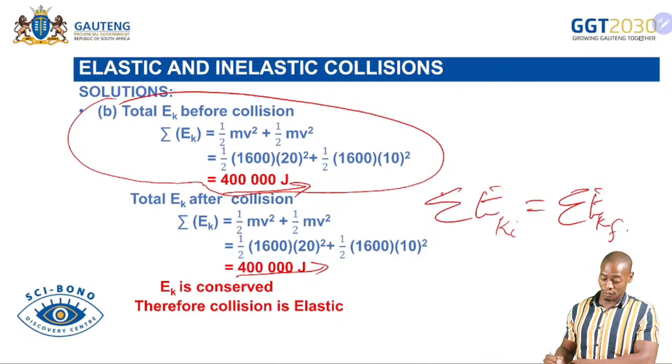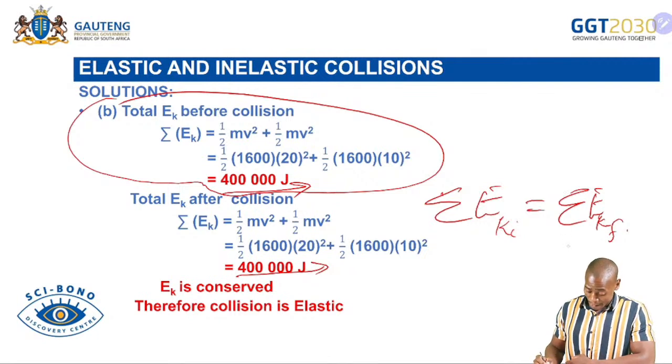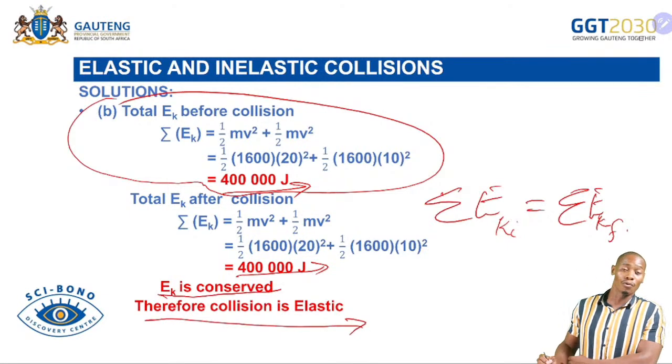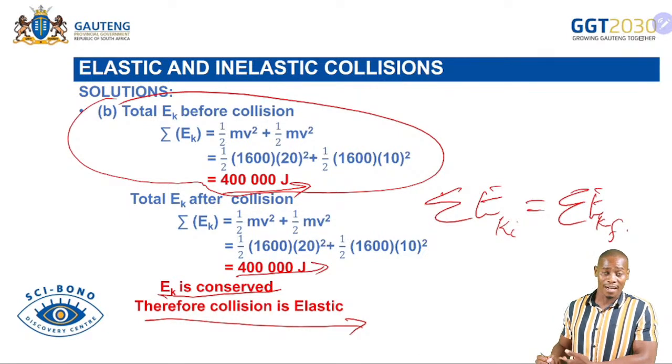So can you see that the sum of EK before collision is equal to the sum of EK after collision? Yes, they're equal. It means that the total kinetic energy is conserved. So since the total kinetic energy is conserved, therefore the collision will be elastic. Remember the difference between elastic and inelastic in terms of the sum of kinetic energy.